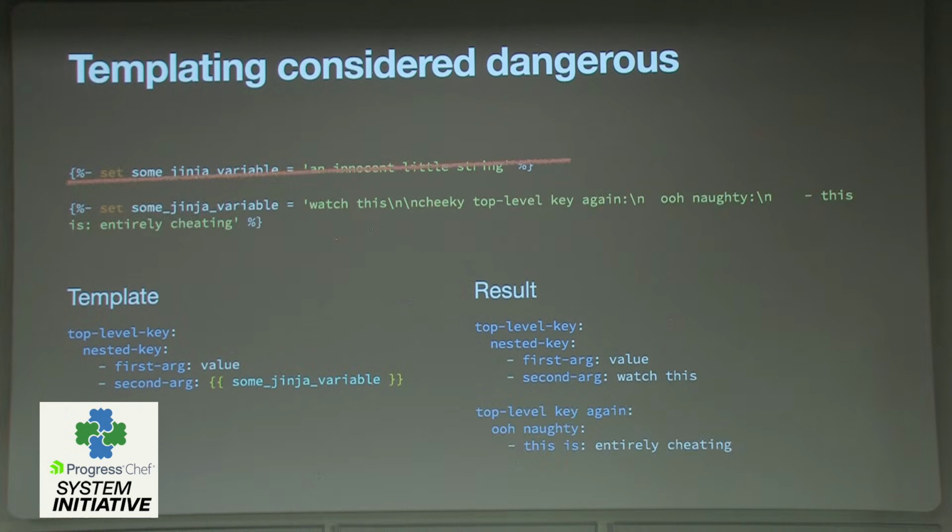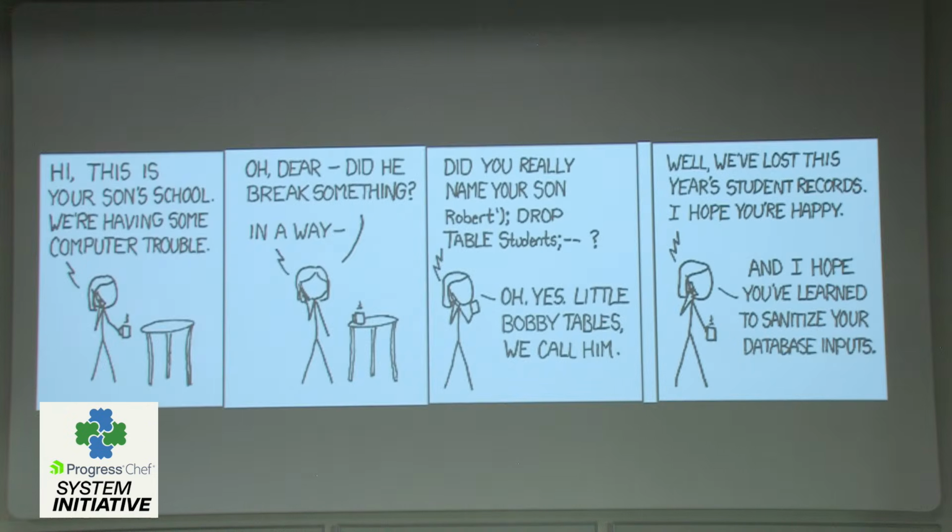Until someone in that file does something incredibly dangerous. And now suddenly you've changed the structure just because you've dumped raw characters into a file. Because I just want to punch a small hole, see? So, for people who enjoy classic XKCDs, this is good old Bobby Drop Tables.